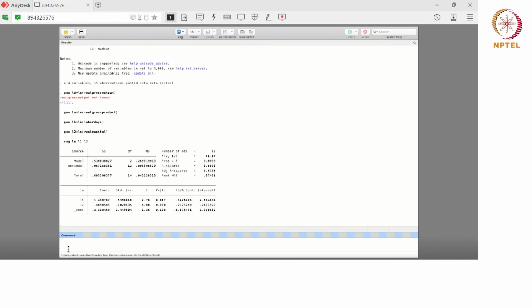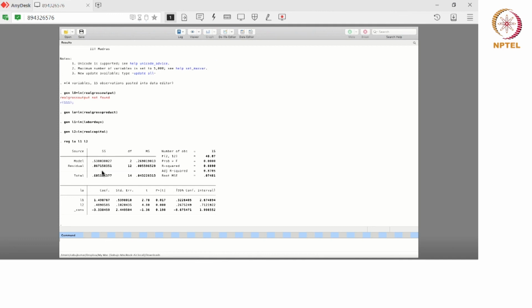This is your unrestricted model. From here you have to collect your RSS, the residual sum of squares, which is 0.0671. This is RSS UR, because I have not yet put any restriction in the model, that is why it is called RSS unrestricted.